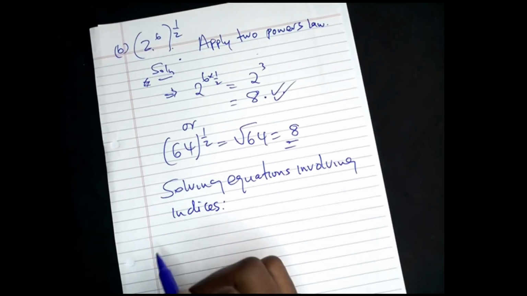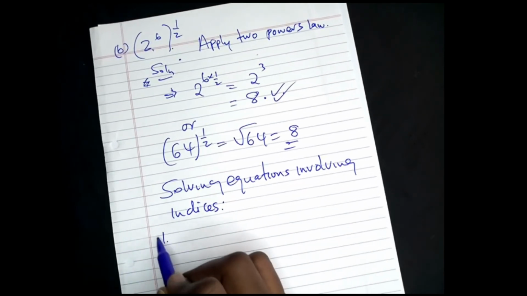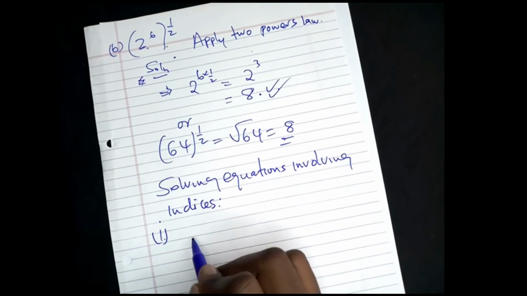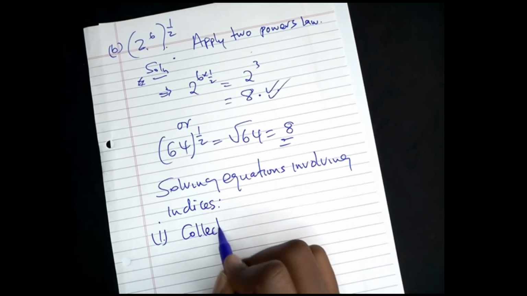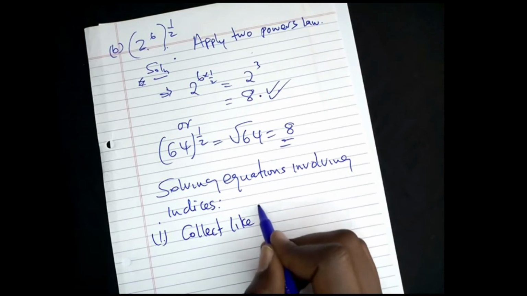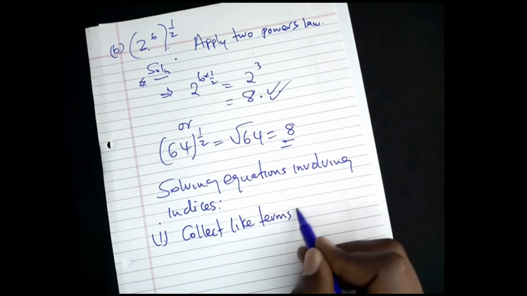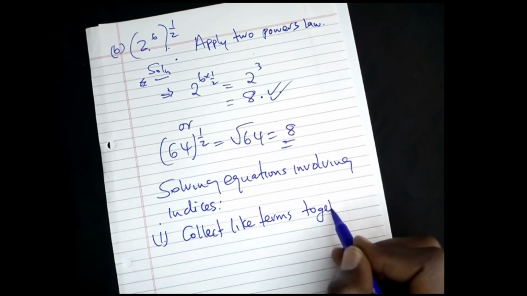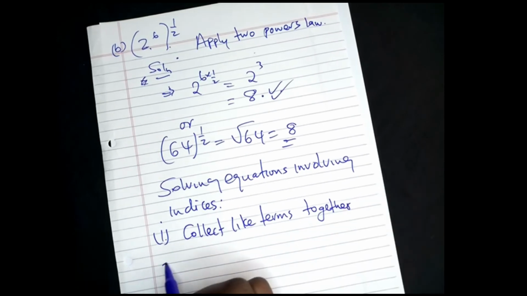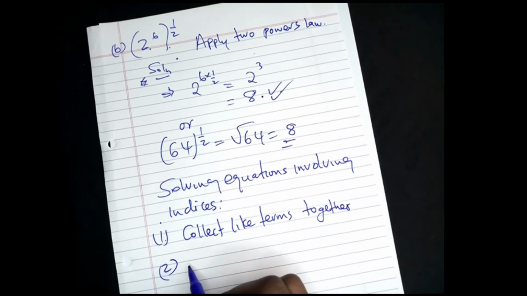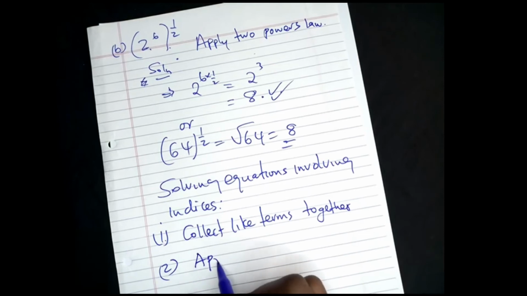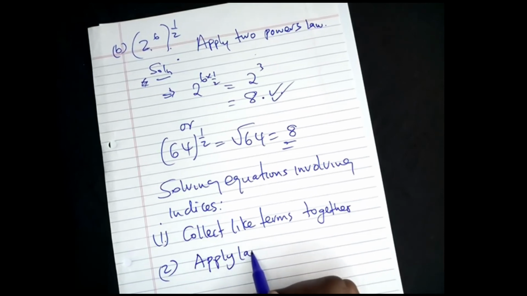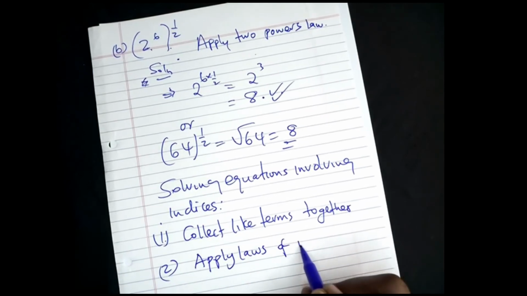Number one, these are tricks that you can apply and you should apply. You need to collect like terms together. Number two, you need to apply the laws of indices that we have looked at.